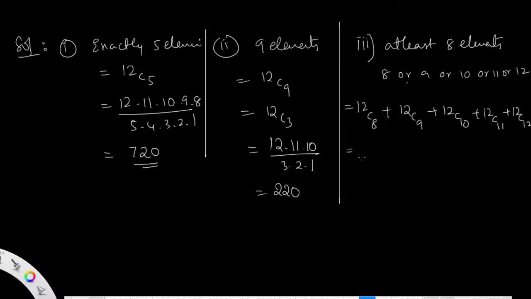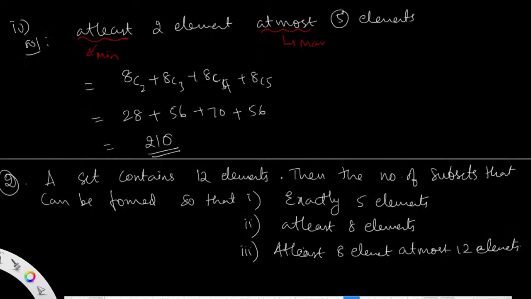Then the total value becomes 12C8 equals 12C4, and by simplification the total answer we get is 365. At least 8 means minimum is 8, maximum is 12.